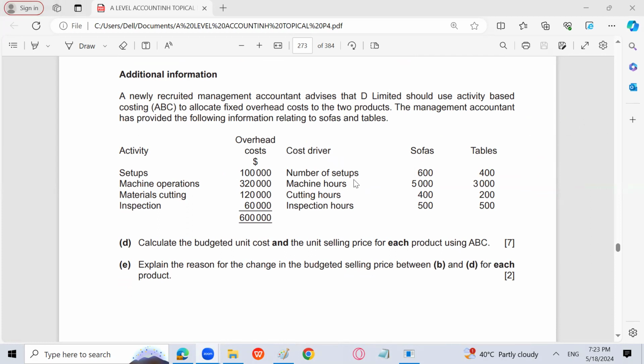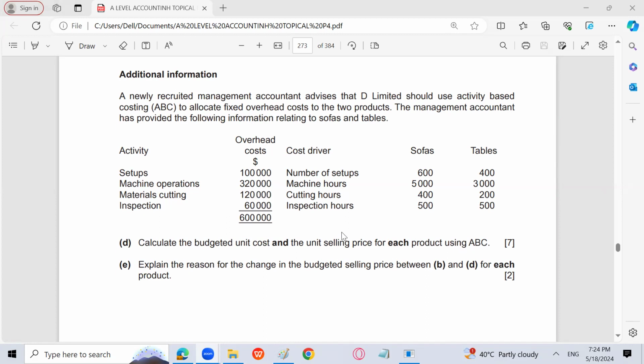Setups, 1 lakh, number of setups 600 and 400. Machine operation, 3,20,000, machine hours 5,000 and 3,000. Machine cutting, 1,20,000, cutting hours 400 for sofas and 200 for tables. Inspection, 60,000 is the total cost, inspection hours 500 and 500. Calculate the budgeted unit cost and the unit selling price for each product using ABC.